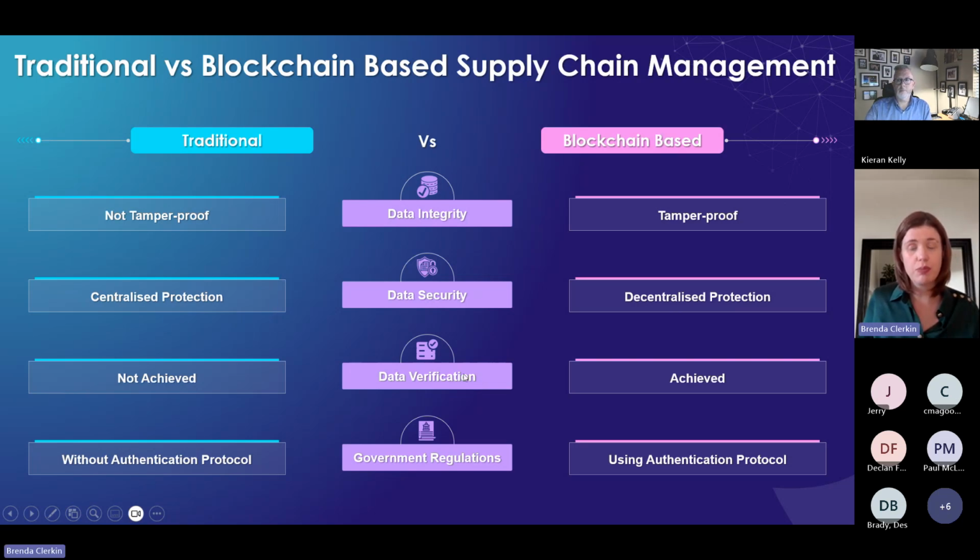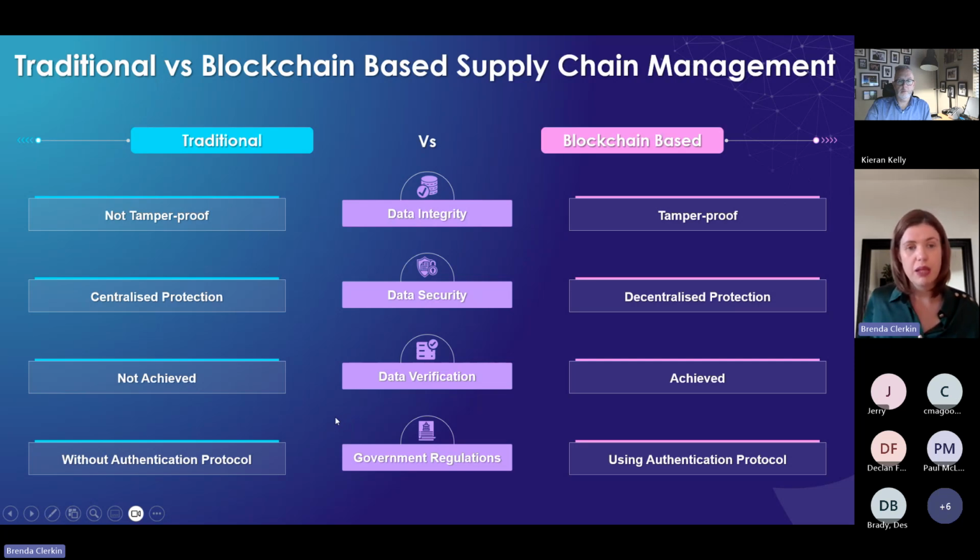Data verification. With the blockchain and that consensus mechanism, remember I said that no transactions can get on the blockchain until they're verified by the group. So it's achieved under the blockchain, not so within the traditional mechanism. And then government regulations. The ability to demonstrate that you have met the government regulations in whatever shape and form they are, we can do that using the blockchain in a quite open and transparent manner, whereas with the traditional means, it's a little bit more cumbersome to actually prove that you have met the regulations, and it could differ from one organization to the next.